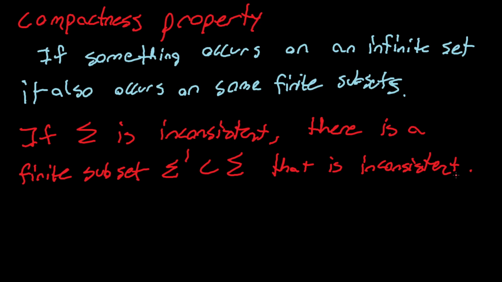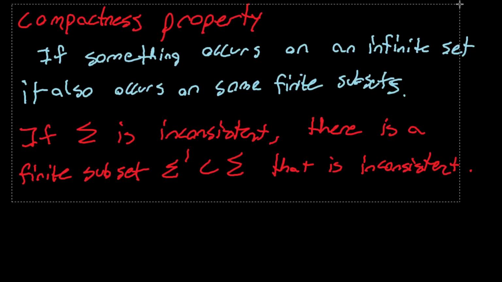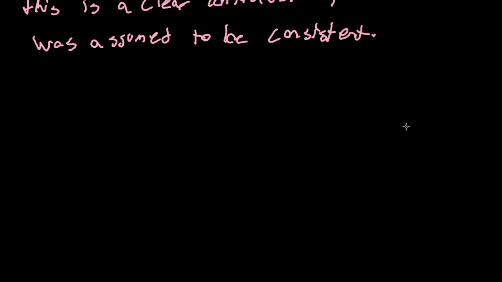This is our first example of it. Next time we'll get to the compactness theorem, which is basically the statement I wrote in red, but for models instead of the more syntactic proofs. What we did was actually pretty big, so let's not forget that.